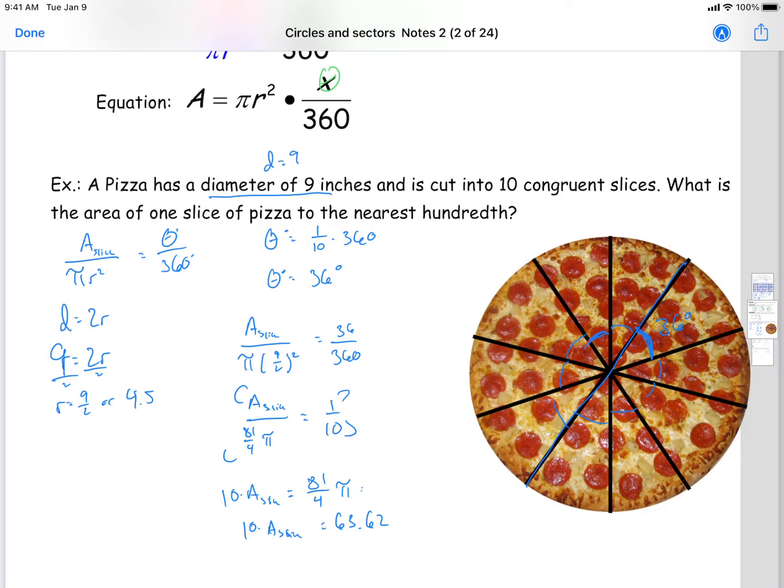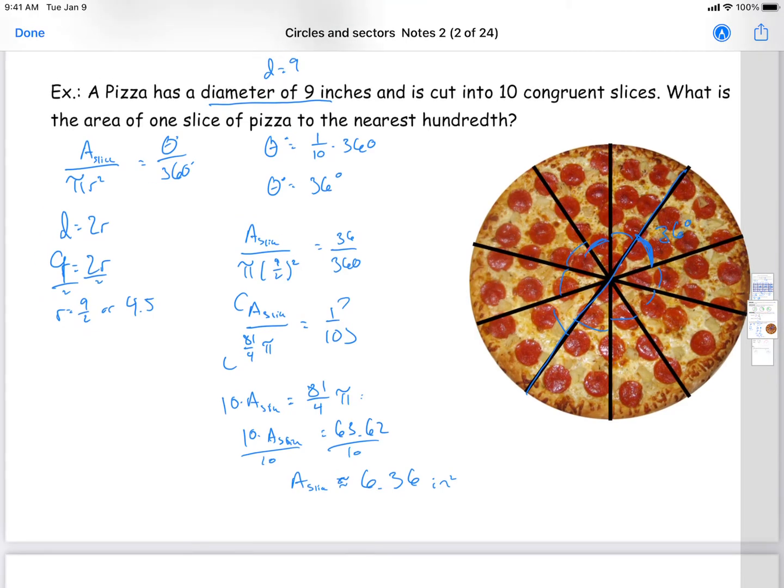Now if I divide both sides by 10, I get the area of the slice is equal to about 6.36 inches squared. Any questions on this?